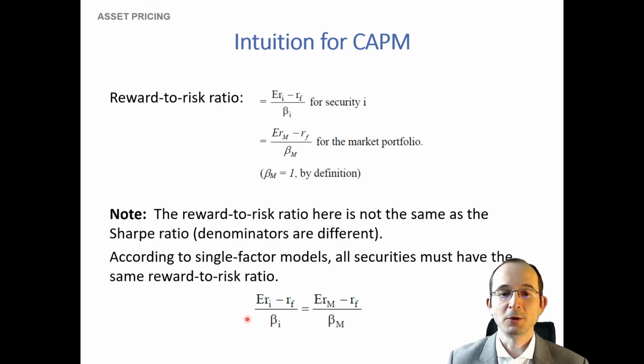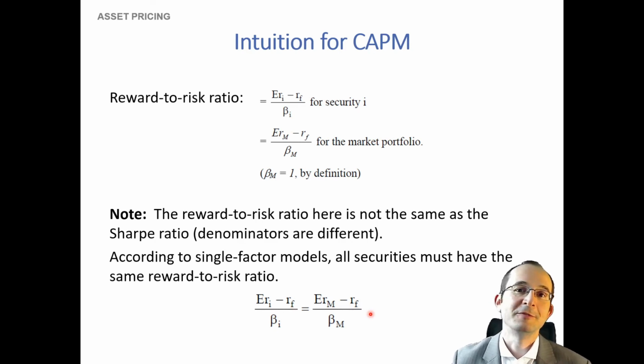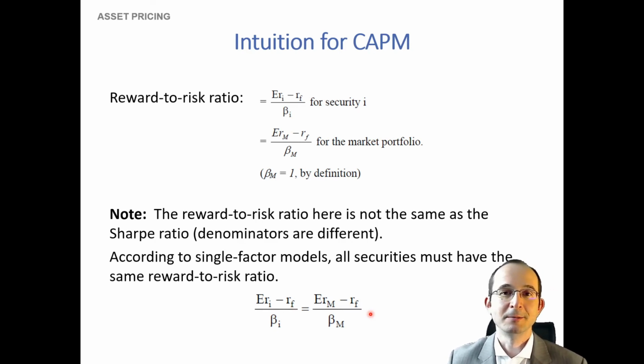But here we're going to use the excess return over beta as our risk-reward ratio, and we're going to again say that this ratio has to be the same for all risk assets because they all fall on that capital market line.